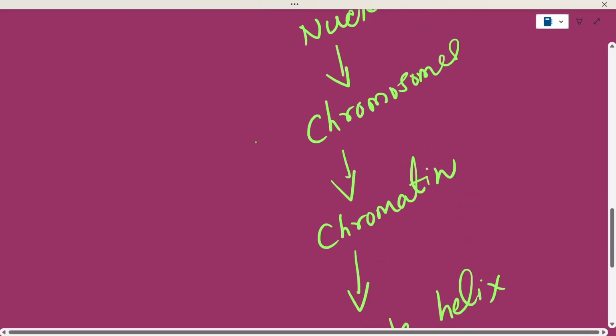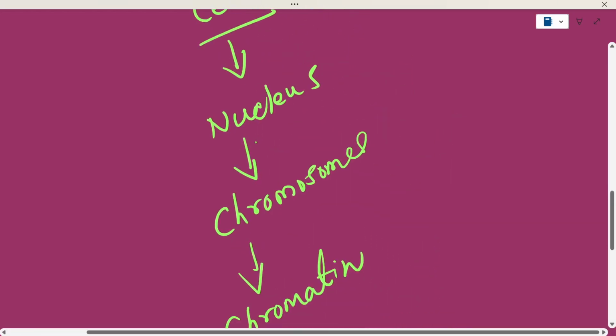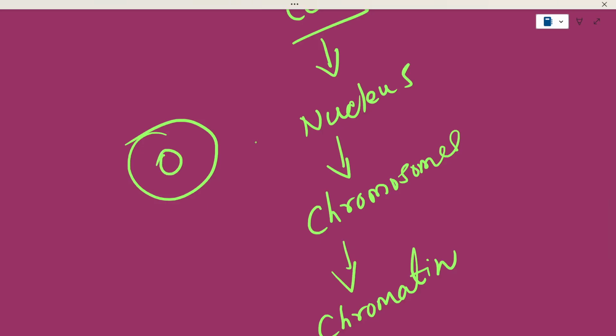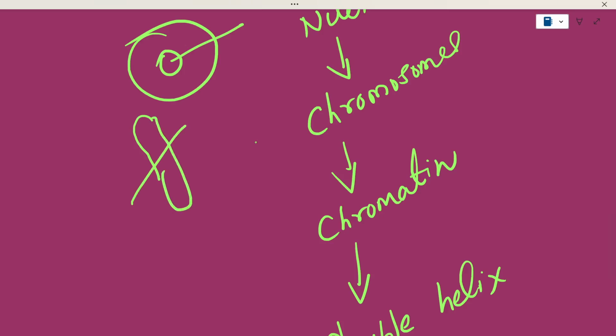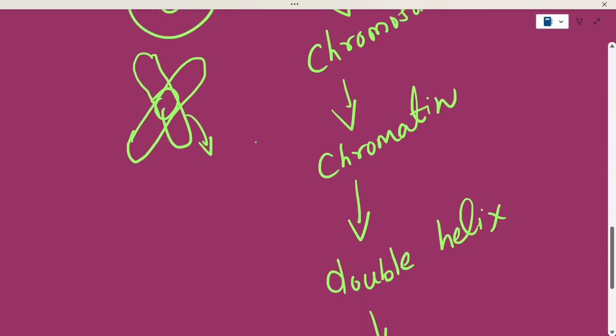Now, let's have a diagrammatic representation. So this is a cell, almost spherical in shape, and in there is a nucleus. Now chromosomes, they look something like this. When you further unwind it, these layers will be peeled off.